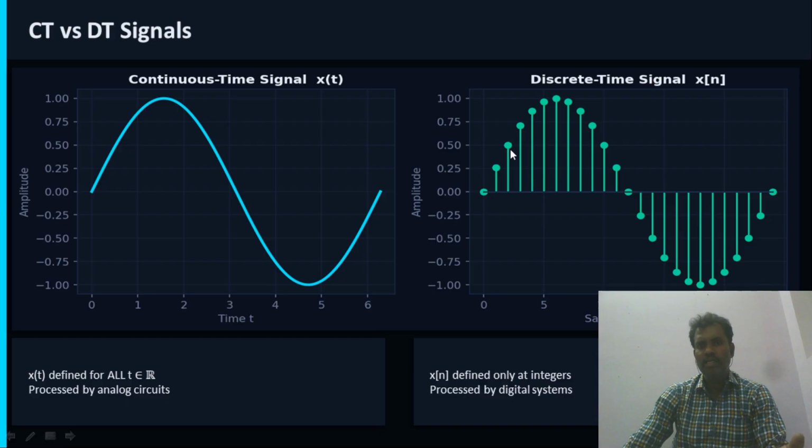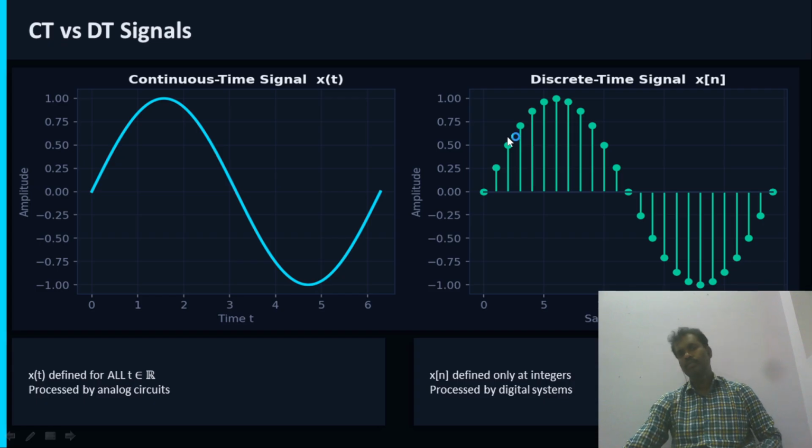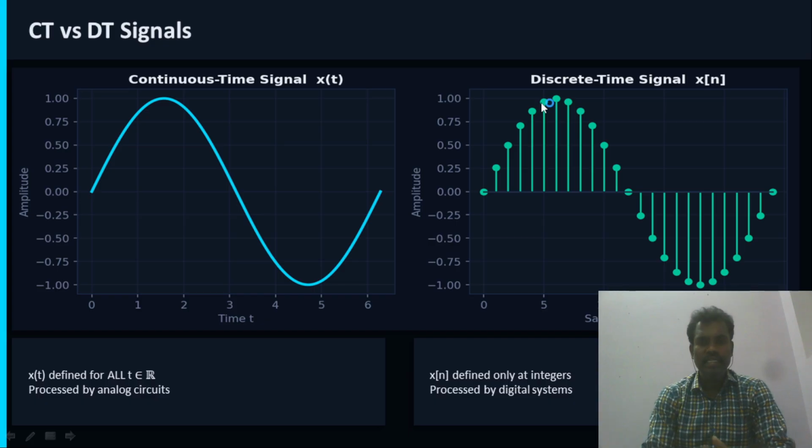Between 0 and 1, at some instant it may be 0.26, at another instant maybe 0.51, 0.5001, anything it may be. So we cannot exactly decide the register length.